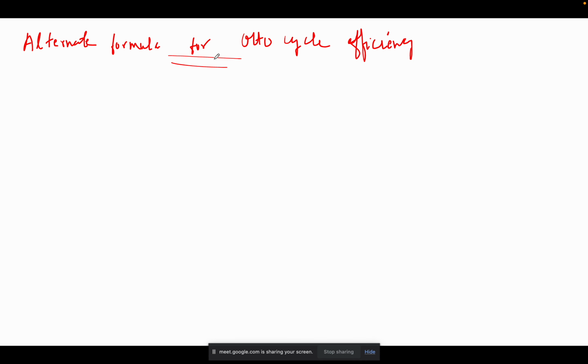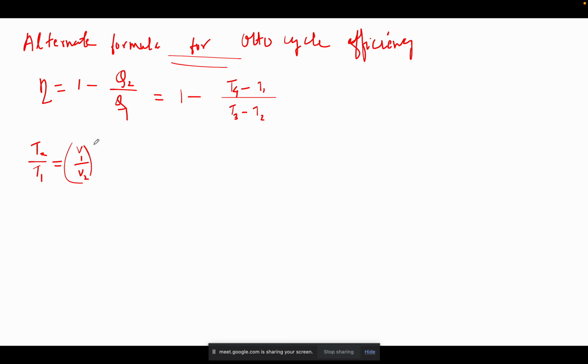Fine. So eta, we know that 1 minus Q2 by Q1, which we got, and that is nothing but 1 minus T4 minus T1 divided by T3 minus T2. Okay, so what we know, T2 by T1 is equal to V1 by V2 to the power gamma minus 1.